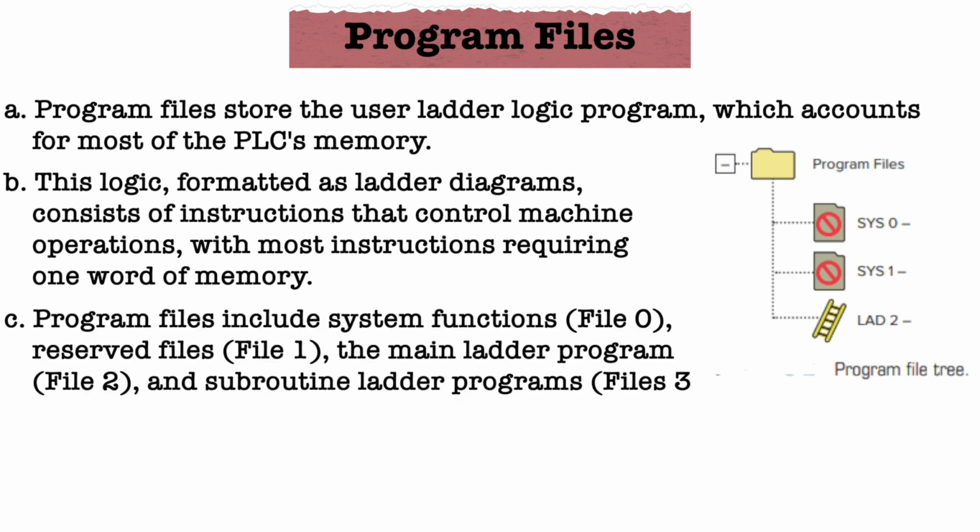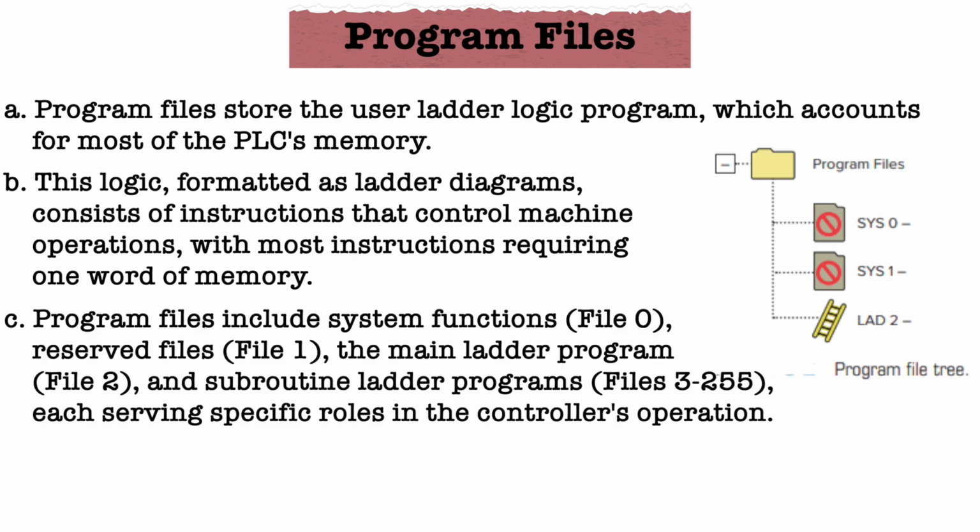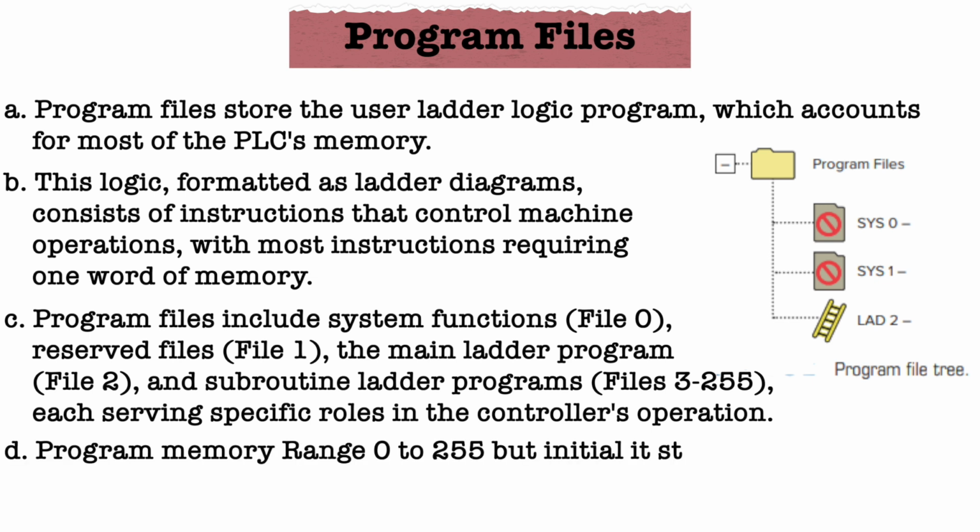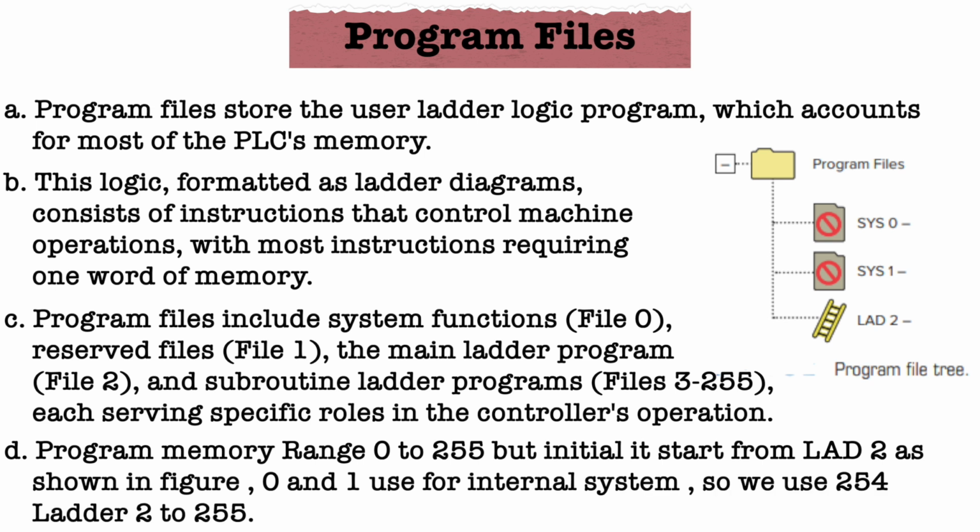The program files include mainly the system functions, designated by file 0, the reserved file designated by file 1, the main ladder diagram designated by file 2, and the subroutine ladder programs designated by files 3 to 255. Here each file serves a specific role in the controller operation. Mainly the program memory ranges from 0 to 255. But initially it starts from ladder 2, as clearly shown in the figure.